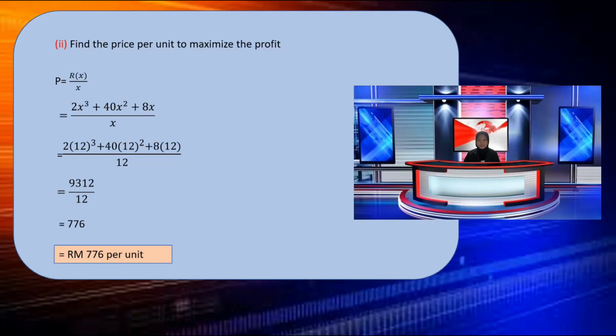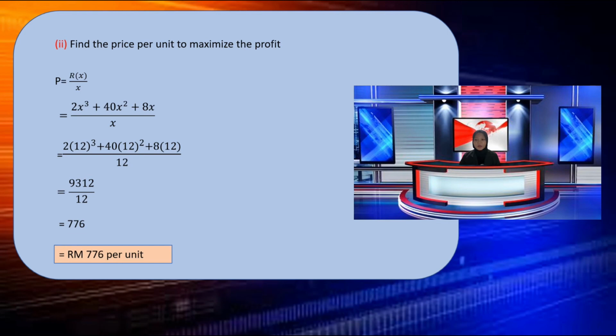Last question. C2, find the price per unit to maximize the profit. In this question, we need to use the price function where P equal to the revenue function divided by x. We get the revenue function 2x cubed plus 40x squared plus 8x divided by x.